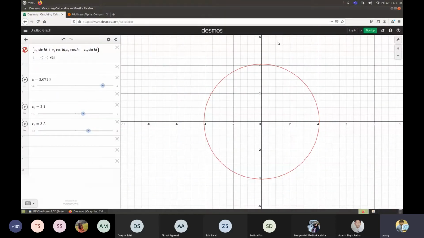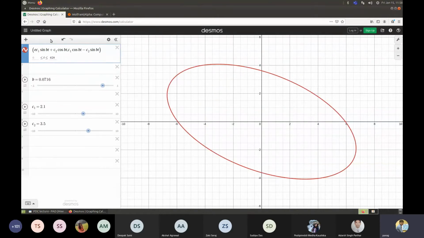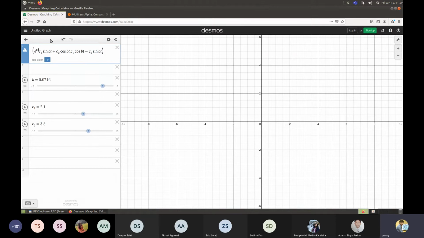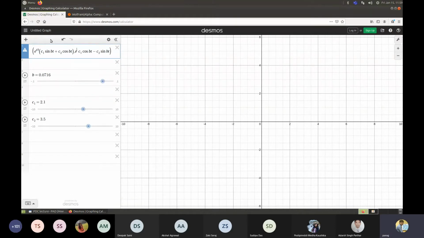So let us see. Let me see if I can do it here. e to the power, we have already used B here, so I will write Ct, e to the power Ct.